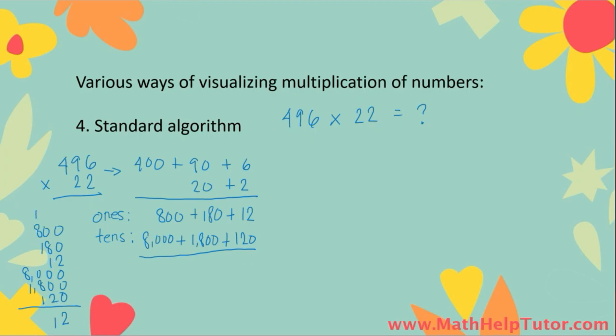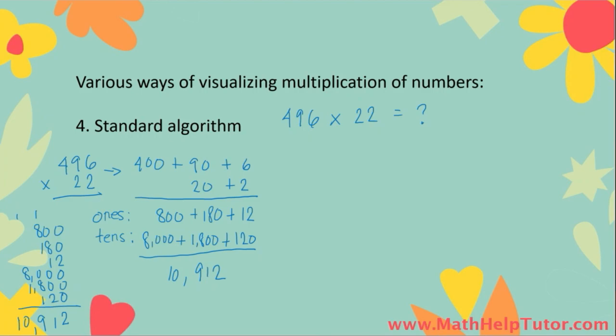For the hundreds place, we have 8 plus 1 plus 8 plus 1 plus another 1. That's 19. And then for the thousands place, we have 8, 9, and plus 1. It's 10,912. So the answer to 496 times 22 is 10,912.